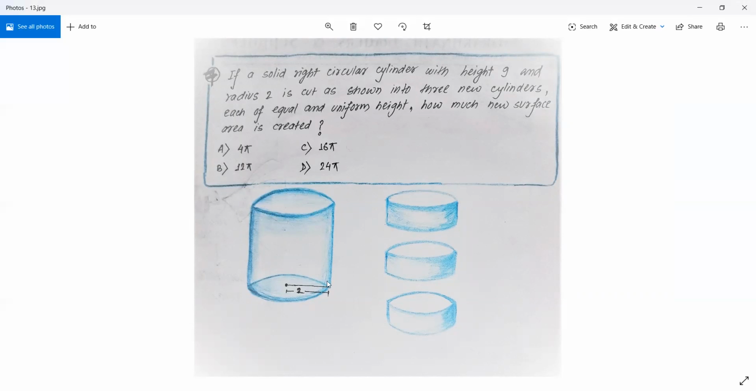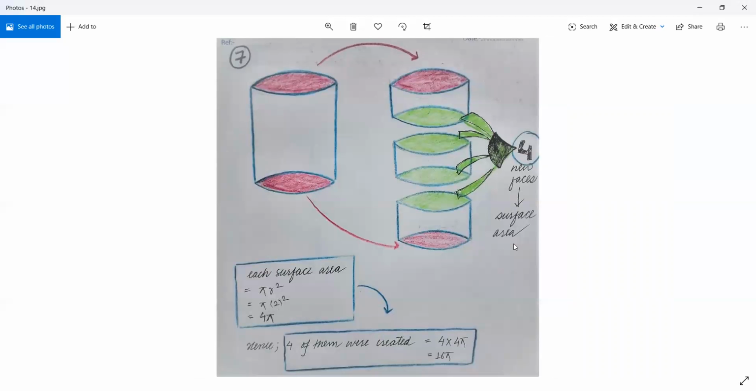because the top part and the base part of the cylinder shouldn't be counted when you take out the new surface area that is created when you make the single cylinder into 3 parts. In the figure you can see that this red portion already exists.